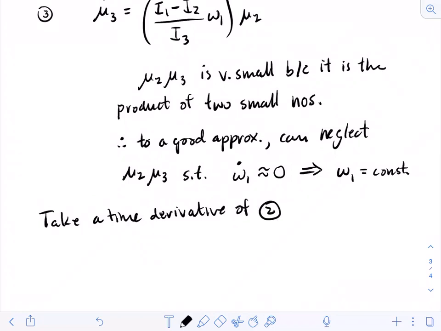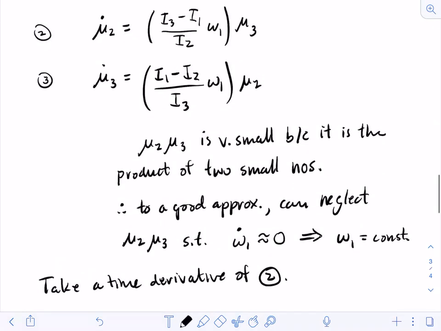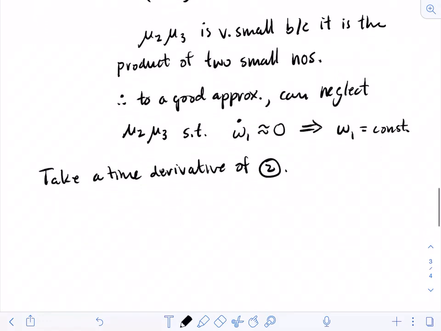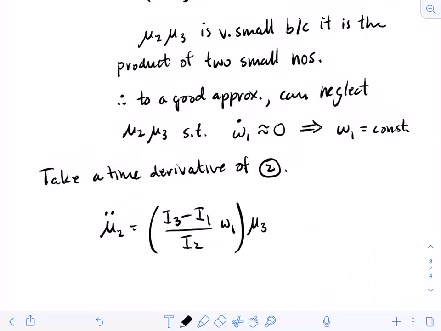We'll get mu2 double dot, and inside the brackets we have (I3 minus I1) divided by I2 and an omega 1. Those are all constants, right? We just showed that omega 1 should be about constant. So when we take the time derivative, we'll just get a mu3 dot. So mu2 double dot is equal to (I3 minus I1) over I2 times omega 1 times mu3 dot.